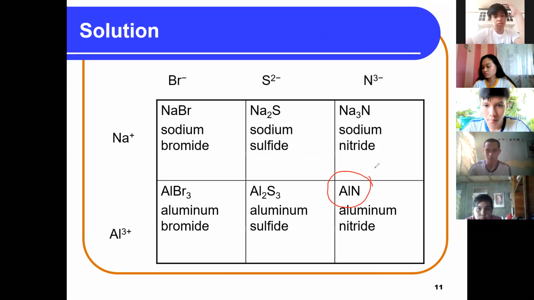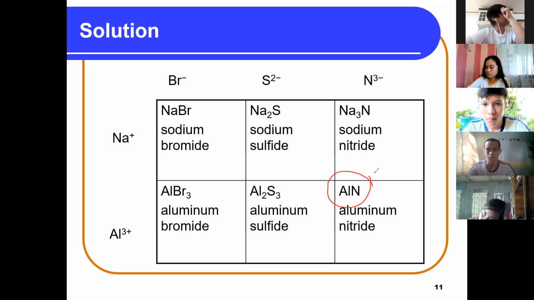Empirical formula is the simplified form of the molecular formula. If the question is asking for the formula, you have to write the empirical formula, unless it is stated there to give the molecular formula of aluminum nitride, then you'll give Al3N3. But that is yet to be simplified further.